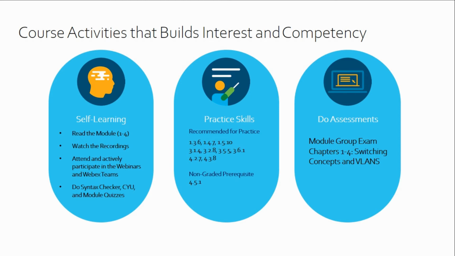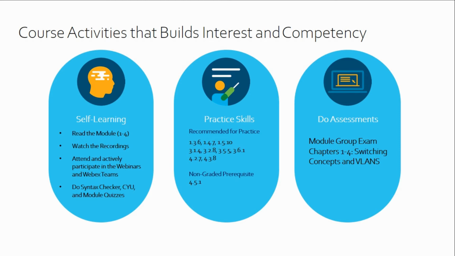We also have the non-graded prerequisite. Non-graded prerequisite means you need to perform this Packet Tracer, but there is no grade for this. But this particular non-graded prerequisite activity will allow you to do your assessments, in this case the module group exam chapters 1 to 4.